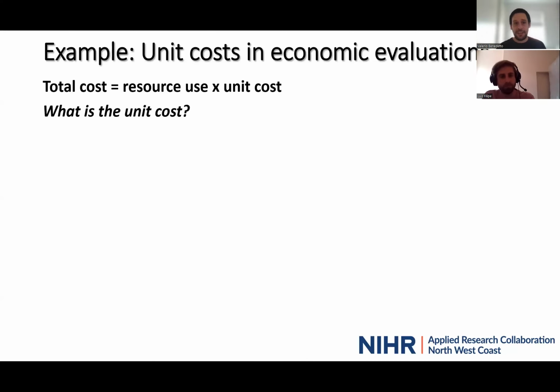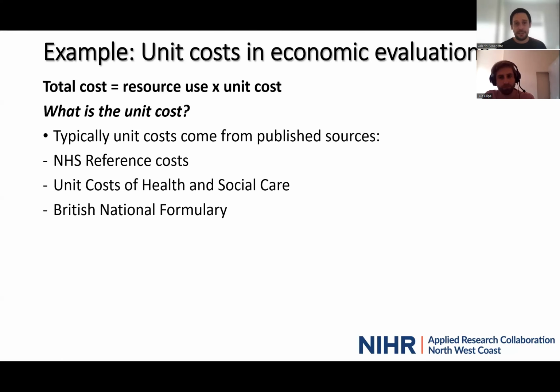And the way economists really deal with this problem is by using standardized unit costs for different items, like, for example, healthcare professionals' time or medications or specific services or treatments.